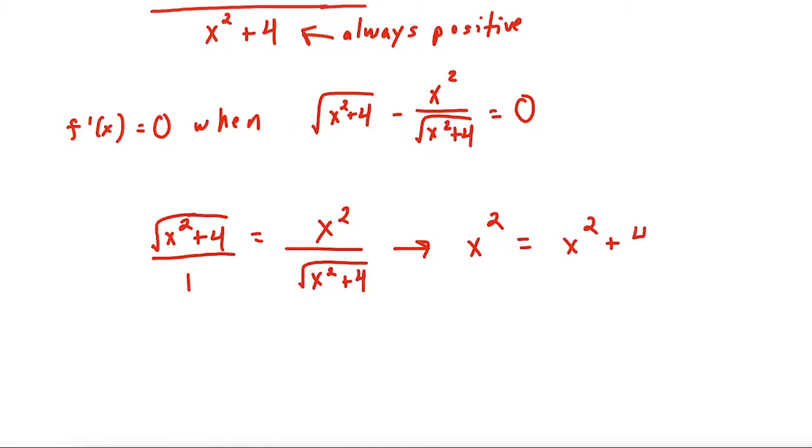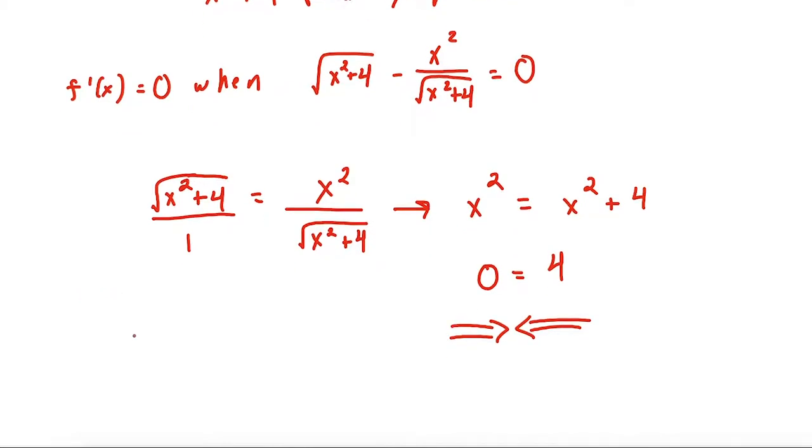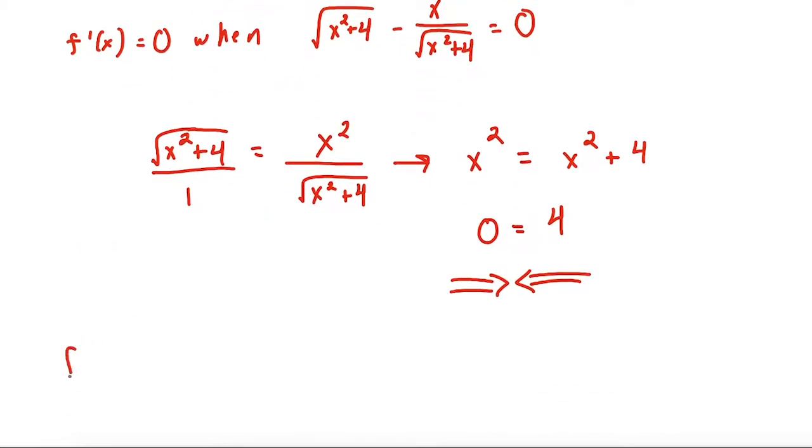But here's our problem. If we subtract x squared on both sides, we get the absurd statement 0 equals 4, which is a contradiction. This is the symbol for contradiction. So what this tells us is that f prime of x could never equal 0. So f prime of x has no roots.